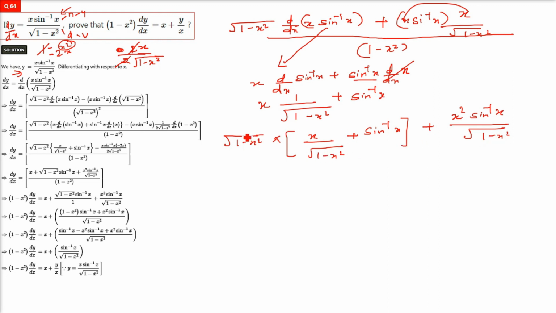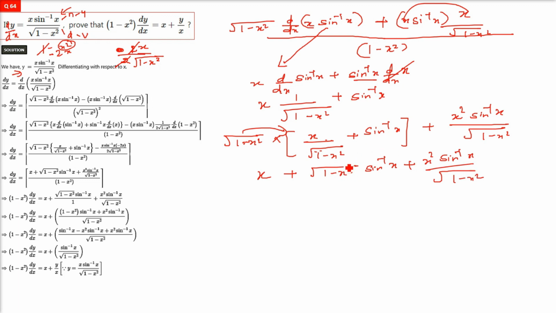I am doing the numerator only; the denominator I haven't written up till now. So now let us multiply this inside, and x with under root x square will get cancelled. So x plus sine inverse x into under root 1 minus x square plus x square sine inverse x divided by under root 1 minus x square.